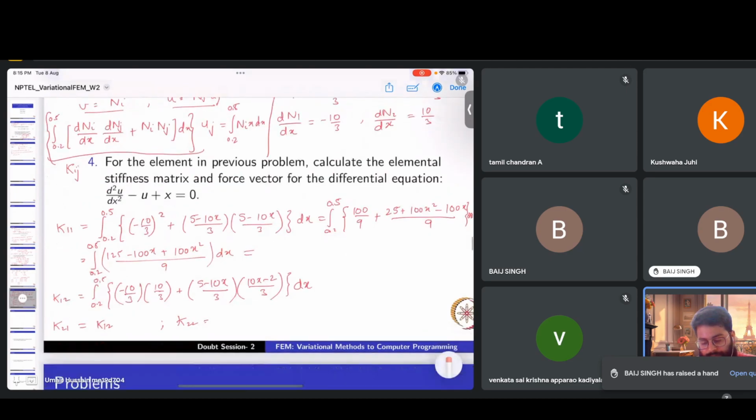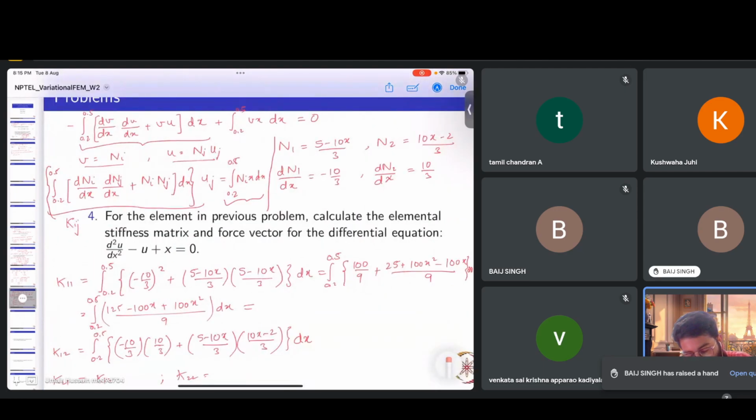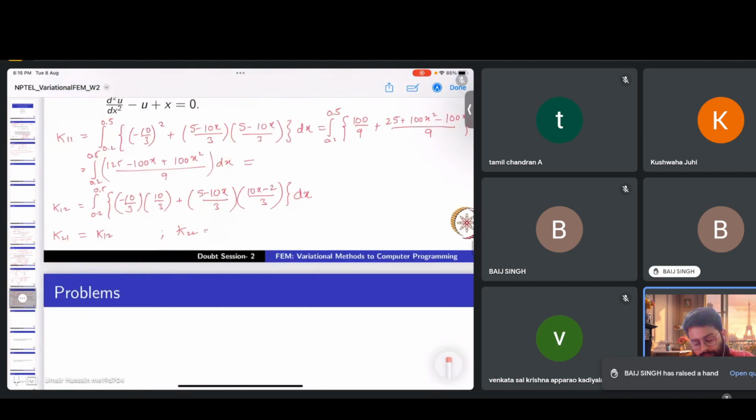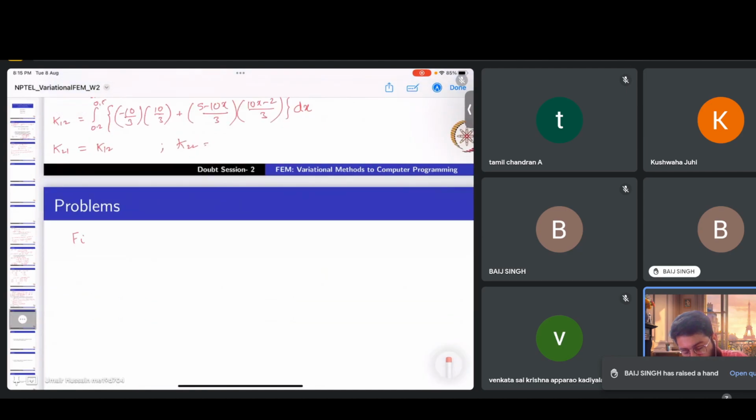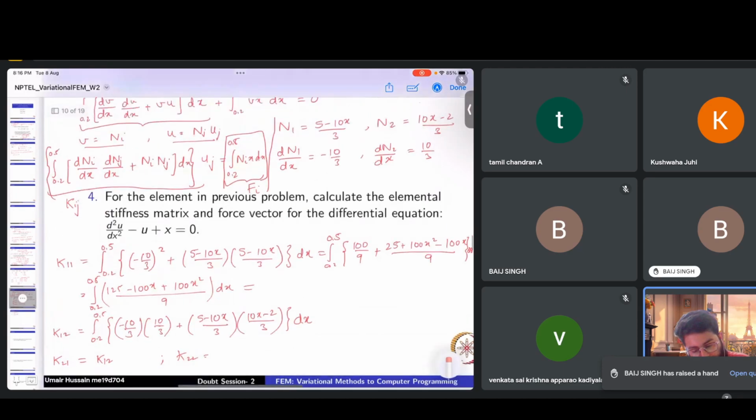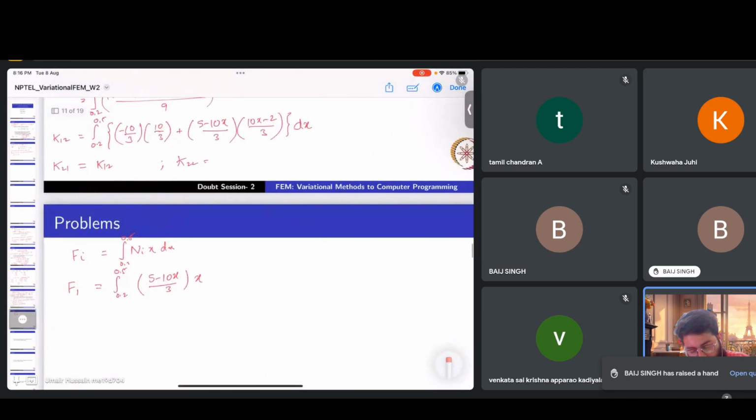How to get the force vector? Force vector is this term here. This gives Fi, so Fi will be Ni into x dx. We have two terms here. For i equals 1, we have the integral from 0.2 to 0.5 of 5 minus 10x by 3 into x, so we can calculate this also.